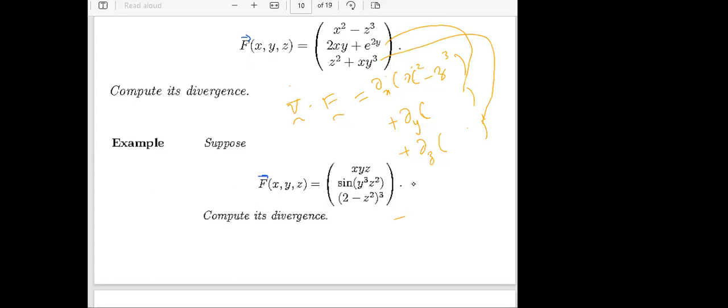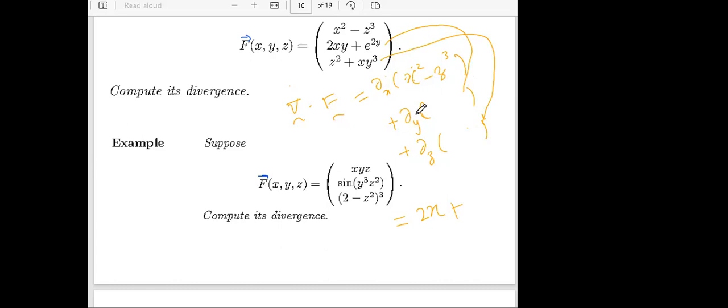So let's simplify. When you differentiate this function with respect to x, this becomes 2x, other term becomes 0. 2x, we don't write zeros, right?